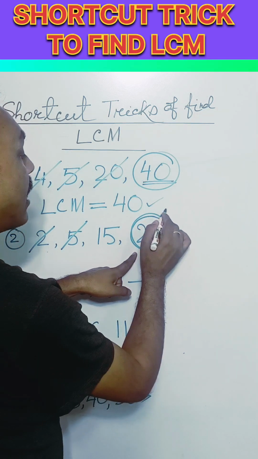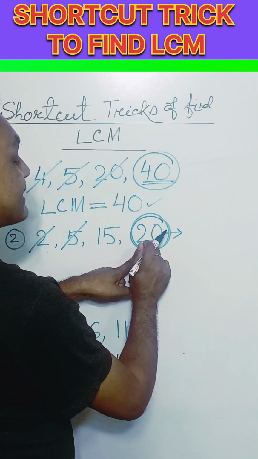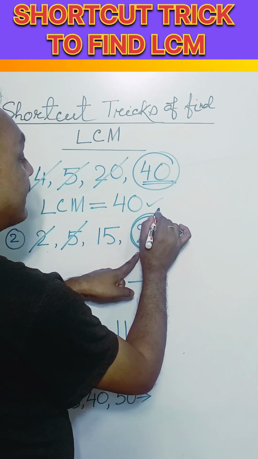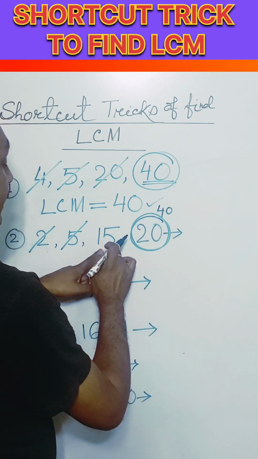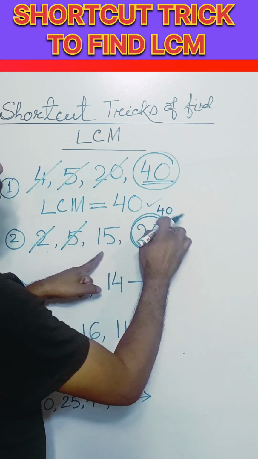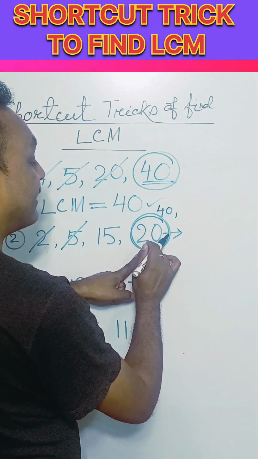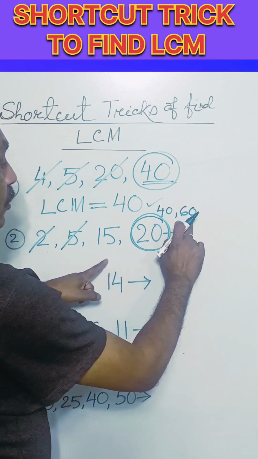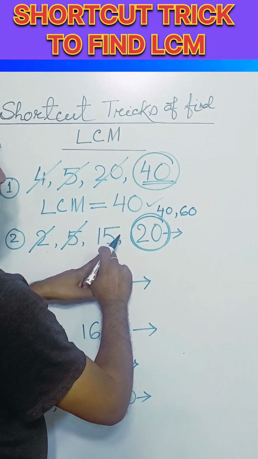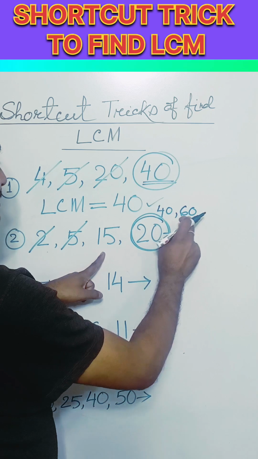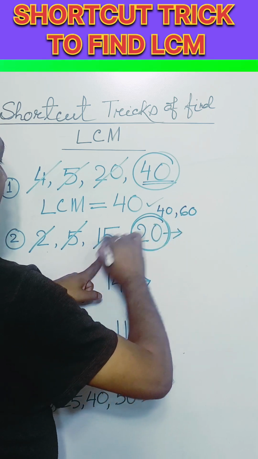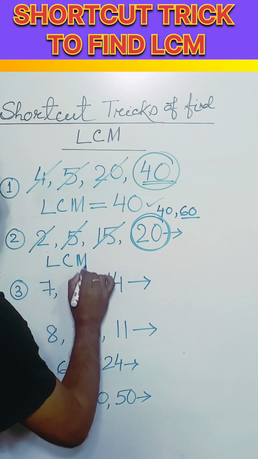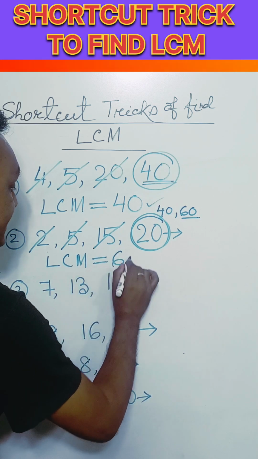Now what you have to do, you have to check the next number in the table of 20. The next number is 40. Is 40 divisible by 15? No. The next number in the table of 20 is 60. Is 60 divisible by 15? Yes. So the answer will be 60. LCM will be 60.